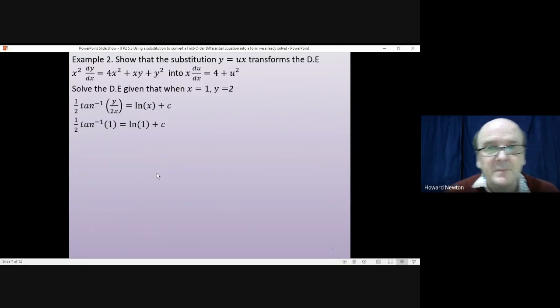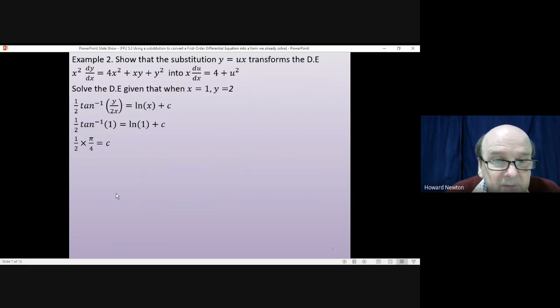Now then, the particular solution that we're asked to find is the one where x equals 1 and y equals 2. Now, if I put y equals 2 in here, I'll get 2 on the top. x equals 1, I'll get 2 on the bottom. 2 divided by 2 is where that 1 comes from. And then the log of x is the log of 1.